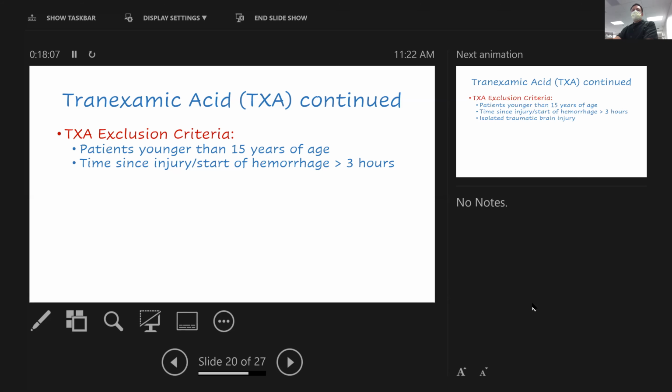So if the time since injury or the start of hemorrhage is greater than 3 hours, the risks start increasing and the benefits decrease. So one exclusion criteria is time of injury or start of hemorrhage greater than 3 hours.